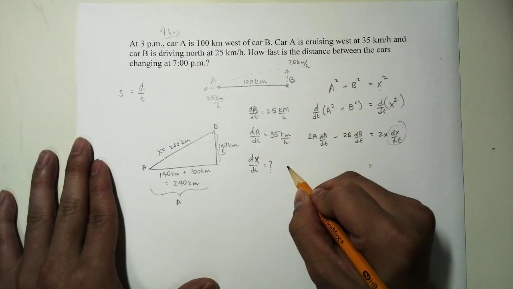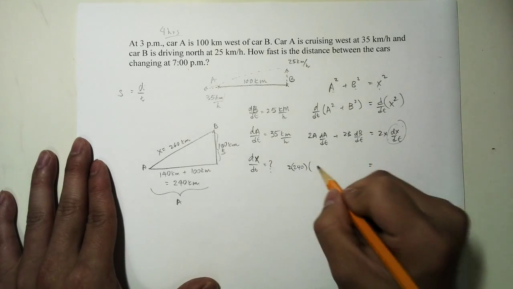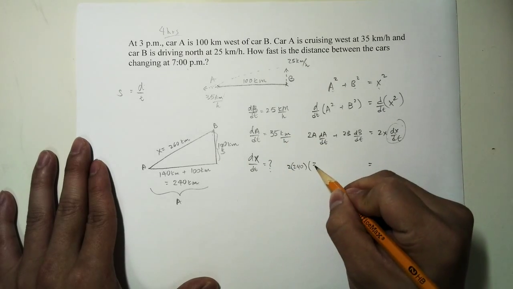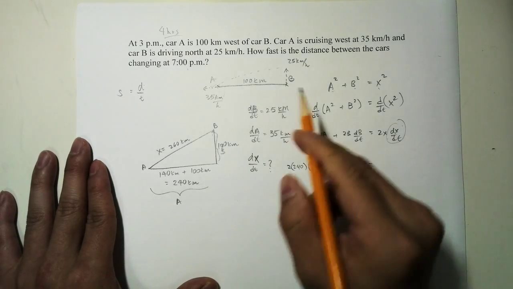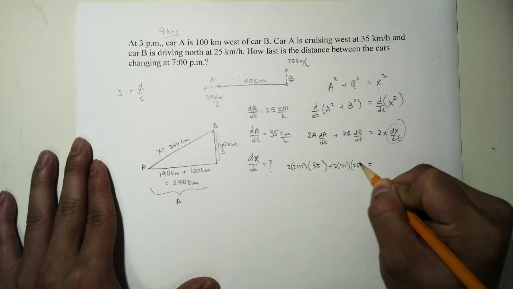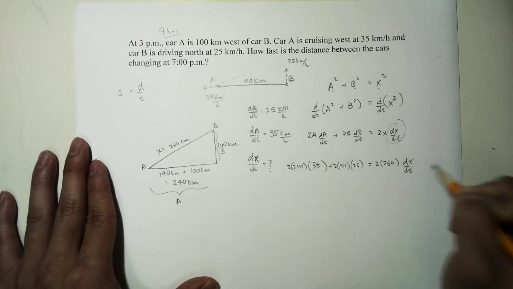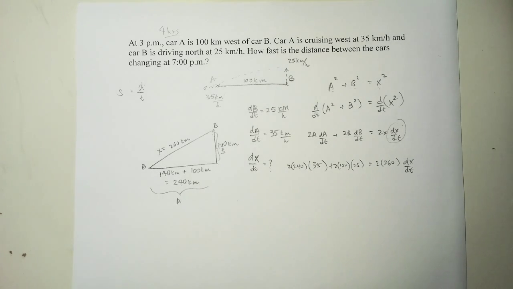So let's go ahead and substitute some numbers in here. 2 times a, which is 240, times dA/dt, which is 35, plus 2 times b, which is 100, times dB/dt, which is 25, equals 2 times 260 times dx/dt. So you can go ahead and use a calculator: 2 times 240 times 35 plus 2 times 100 times 25, and then divide it by 2 times 260.